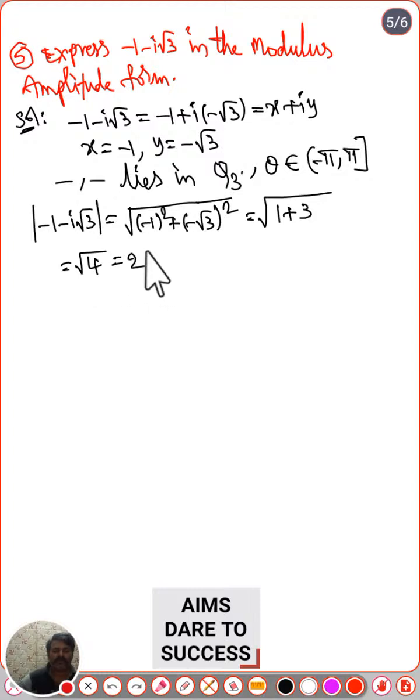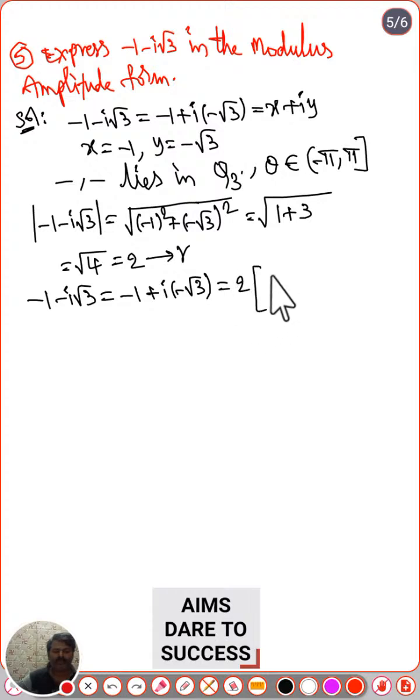Root 4 is 2, which is the r value. So given value minus 1 minus i root 3, written as minus 1 plus i into minus root 3, is 2 multiplied outside and divided by 2 inside: minus 1 by 2 plus i into minus root 3 by 2.